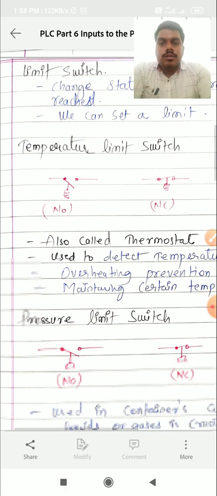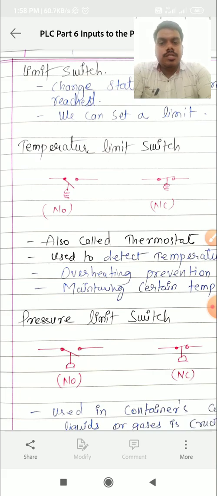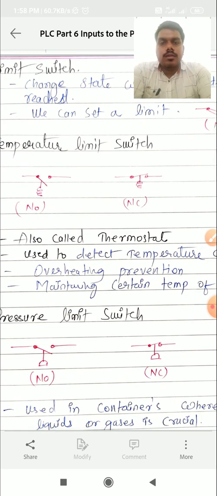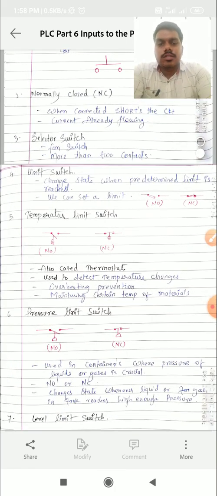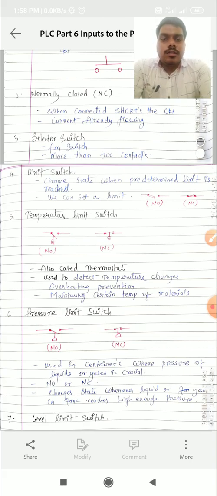So what is a temperature limit switch? It is also called a thermostat. What is a thermostat? It is used to detect temperature changes. If there is a temperature difference in the system or a container, then the temperature limit switch will be used, which will operate if any kind of state change happens.